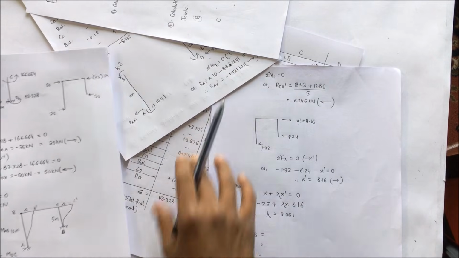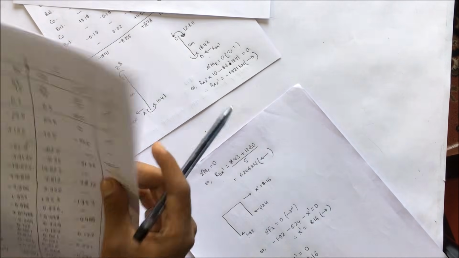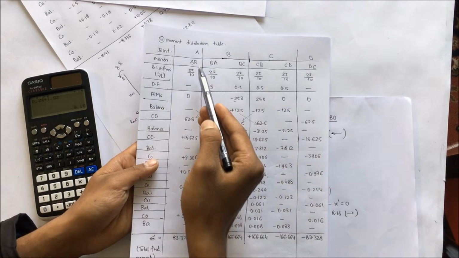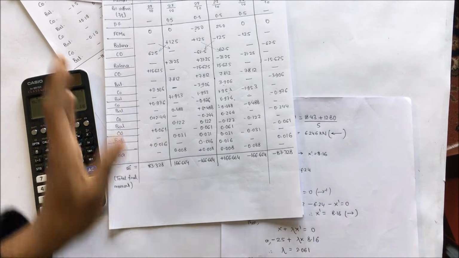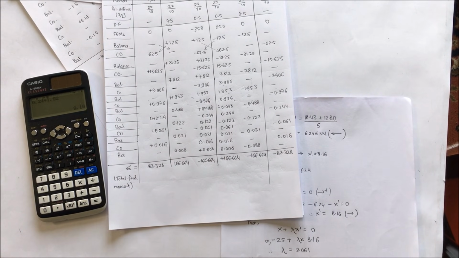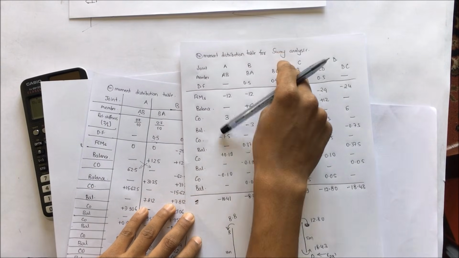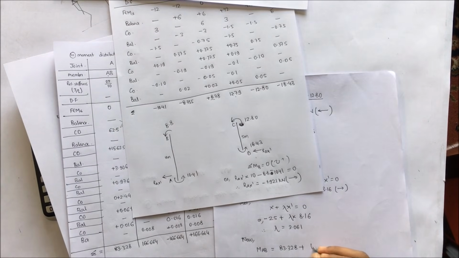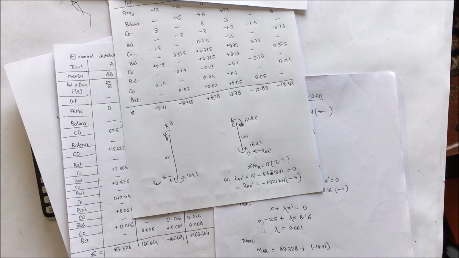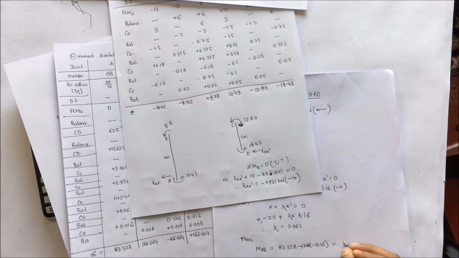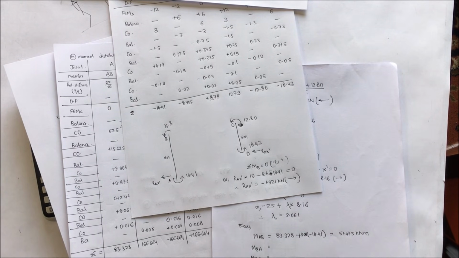If we see this part in this table, the total moment in the AB portion is 83.328 plus, if we see the total moment in portion AB of the sway mechanism, minus 10.41, which has to be multiplied with 3.061 to get the final moment at that member. So this is equal to 51.475.